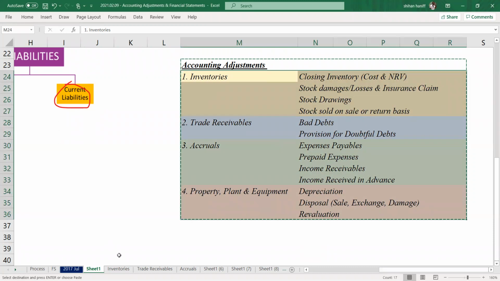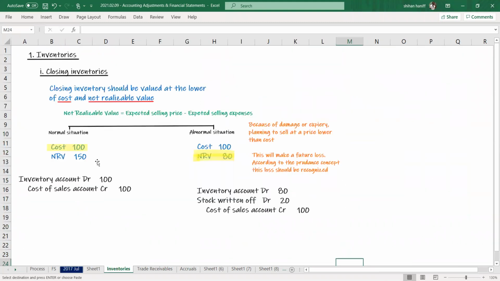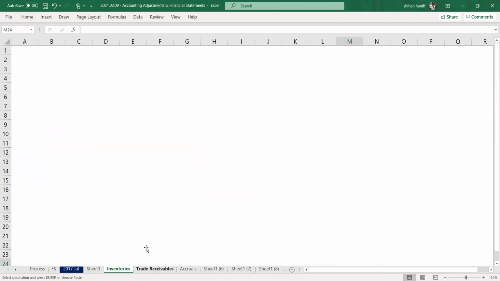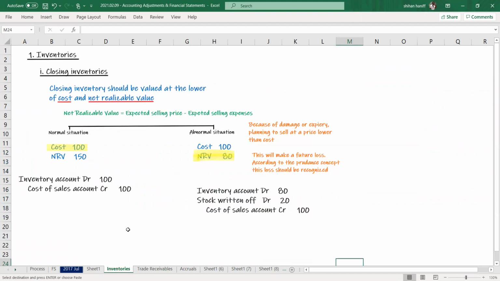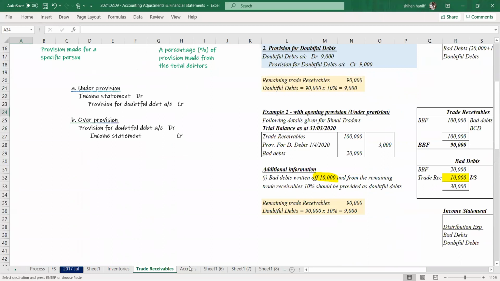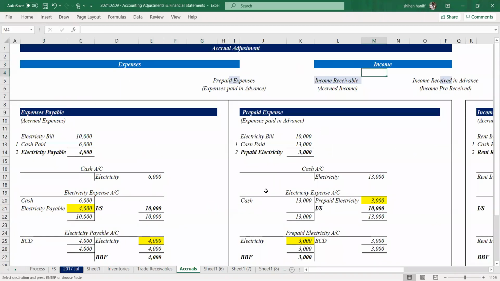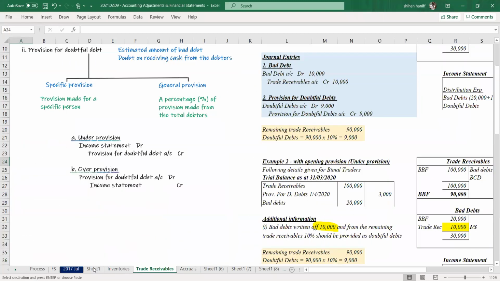Trade inventories, trade receivables, then the accruals. We have different types of accrual adjustments, then the PPE.